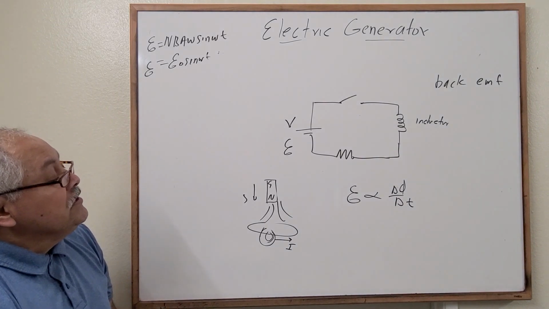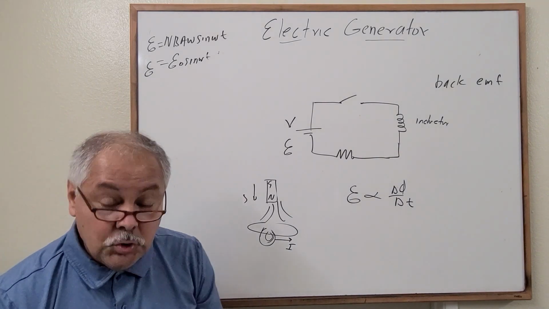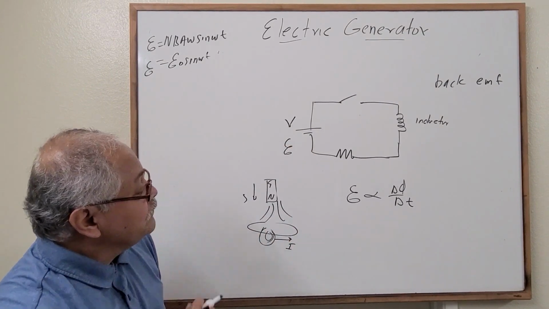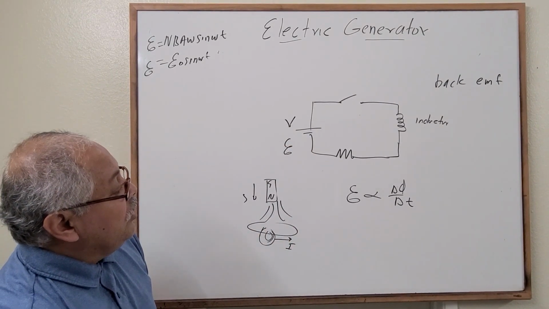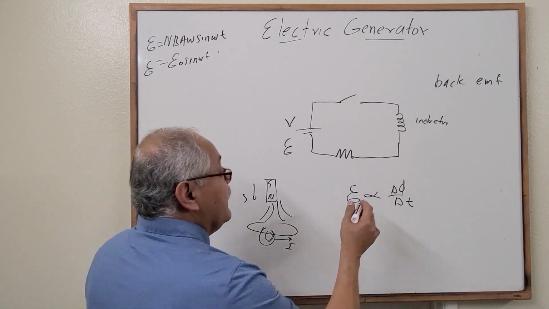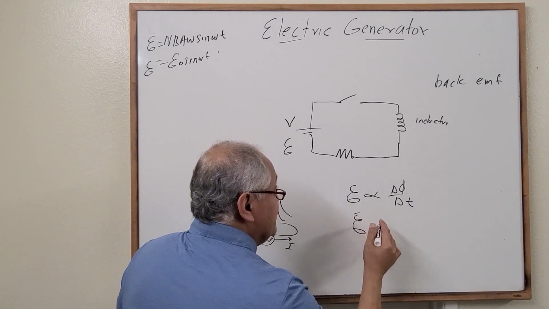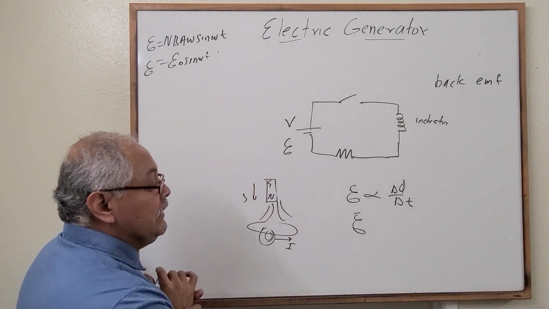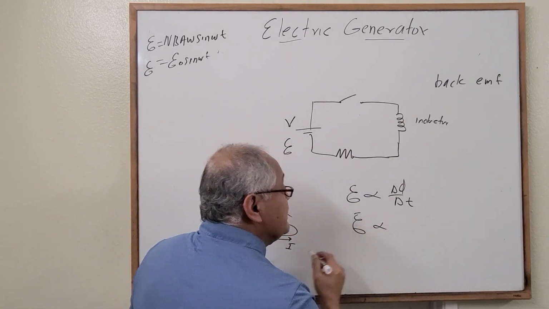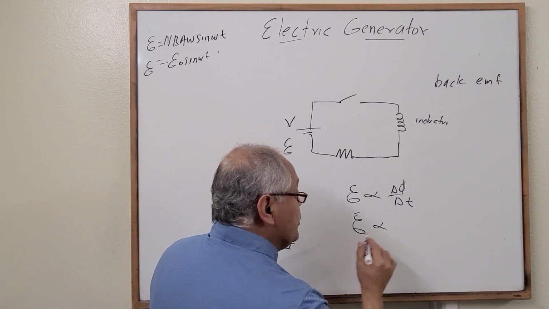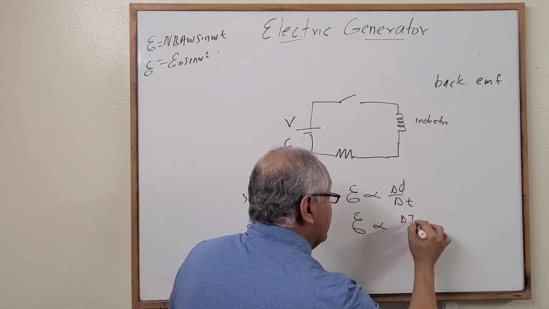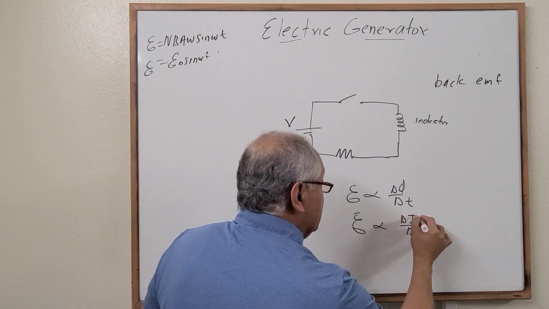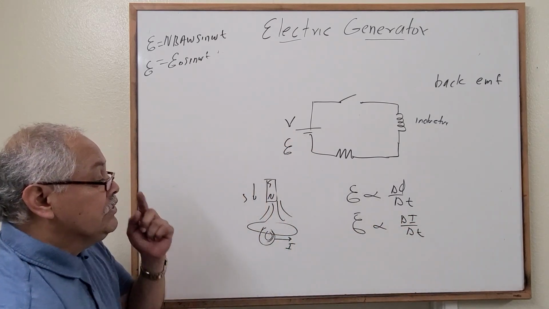But what is also happening, let's pay attention now to the current. Again, the current is opposite. In this case, this is also proportional to the change in the current with respect to time.